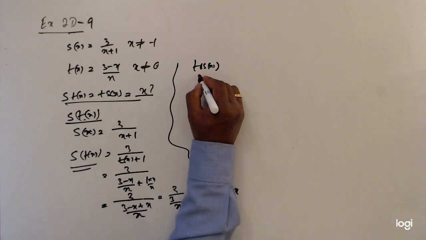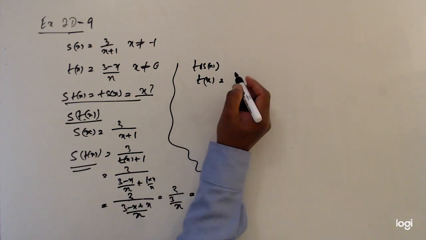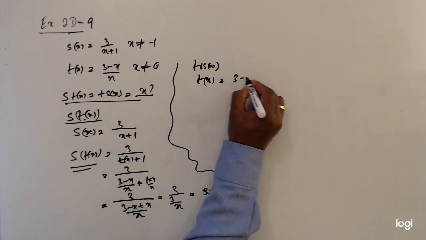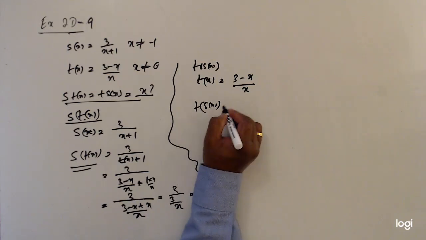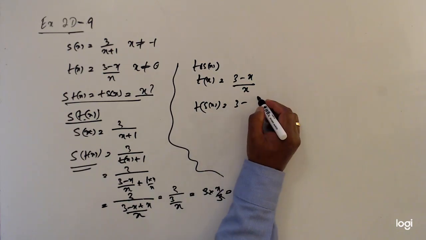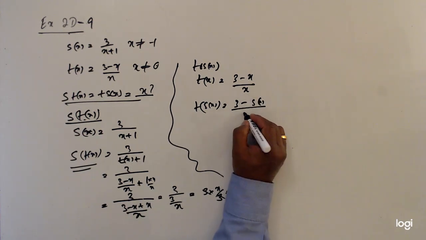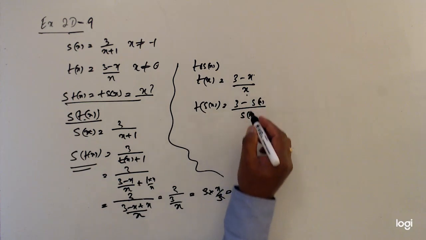Now we'll work out TS(x). I will write T(x) first: 3 minus x over x. Then TS(x): instead of x, S(x).